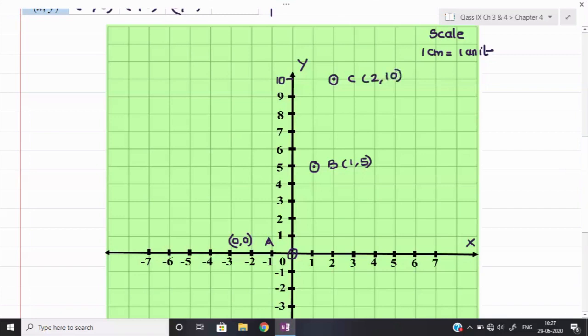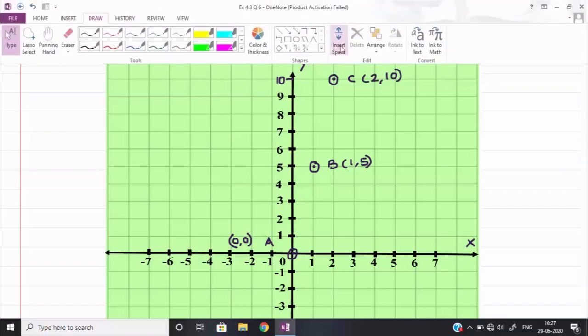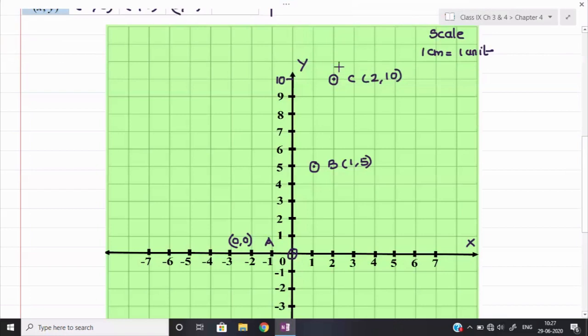Okay, now we shall join all three points with the help of a line. So let us join them. If I join all three points, then it can be drawn like this. Okay, exactly, it was not coming earlier because I had not drawn it properly. Now it is proper, right? So this is my line which was required on the graph paper.